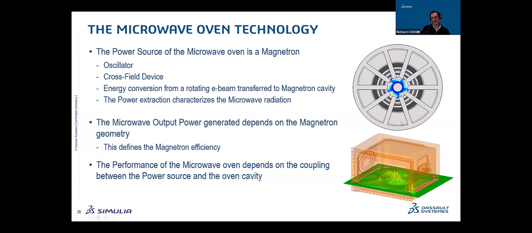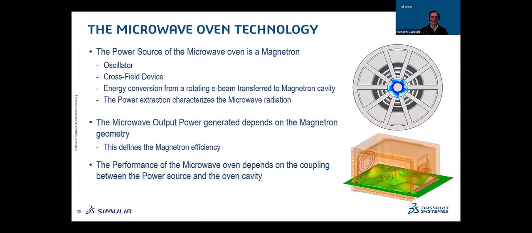Usually you have some waveguide and antennas, which guide the radiation, which is then connected to the microwave oven, and then you can nicely see what the different modes are that are generated in the microwave oven cavity.